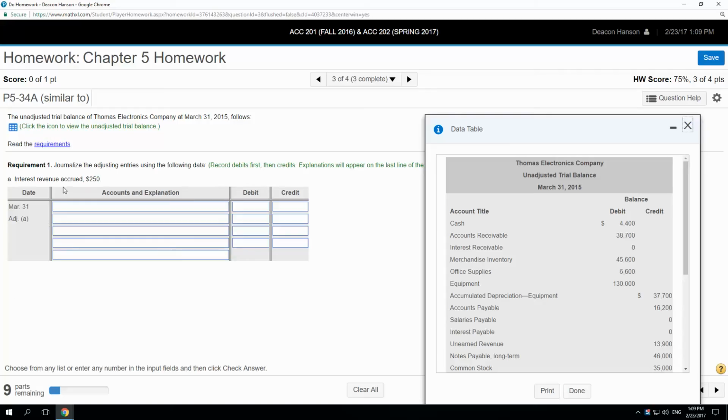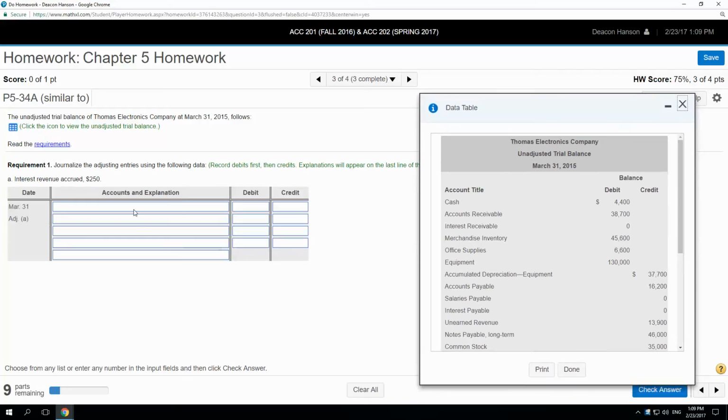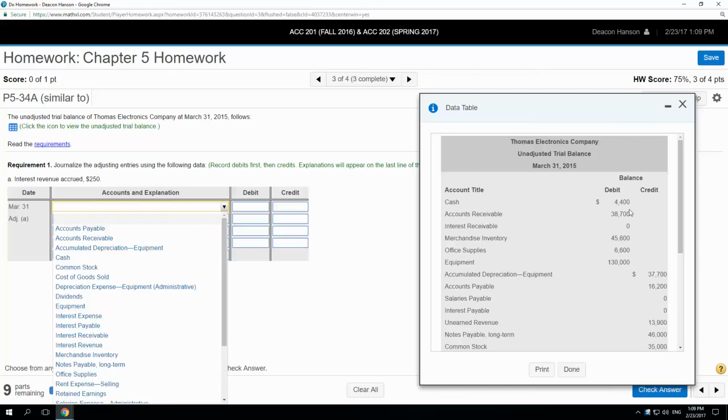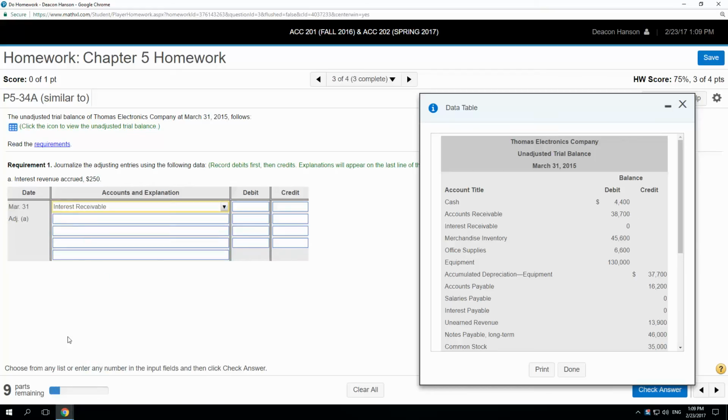Interest revenue accrued. Okay, so when you think about that, if you're accruing interest revenue, you're going to have interest receivable, because that means you haven't collected it yet. So you're going to have interest receivable of 250, and then you're going to record the revenue.